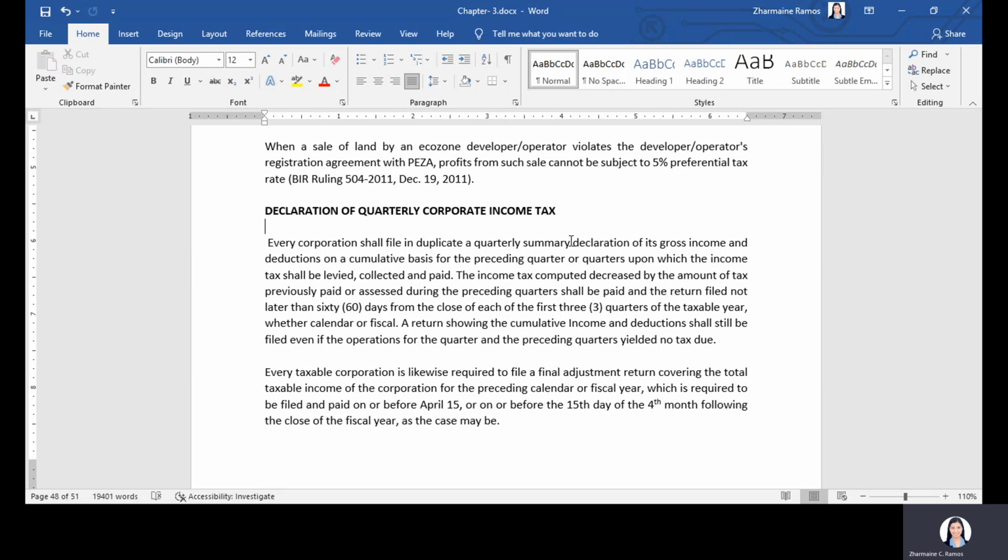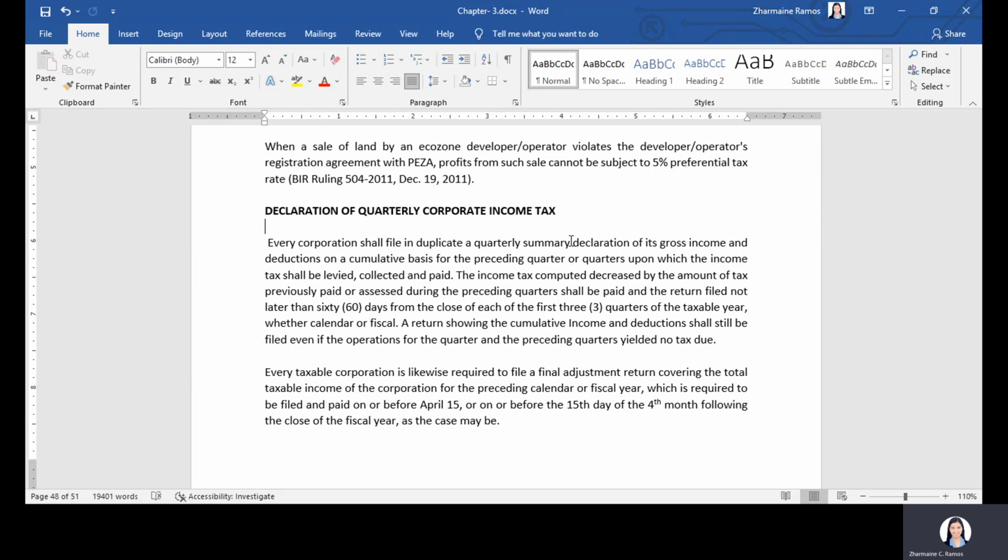So, every corporation shall file in duplicate a quarterly summary declaration of its gross income and deductions on a cumulative basis for the preceding quarter or quarters upon which the income tax shall be levied, collected, and paid. Cumulative, ibig sabihin, yung first quarter mo, makikita mo pa rin sa second quarter mo, sa third quarter mo, hanggang fourth quarter.